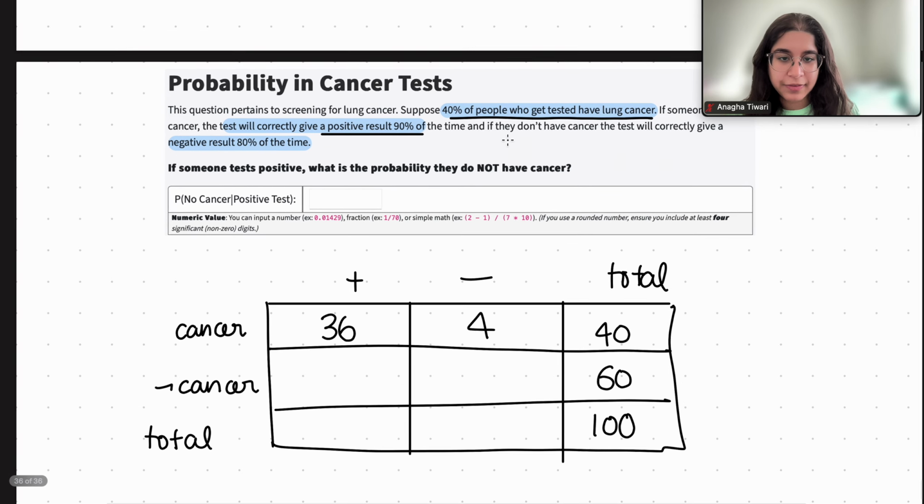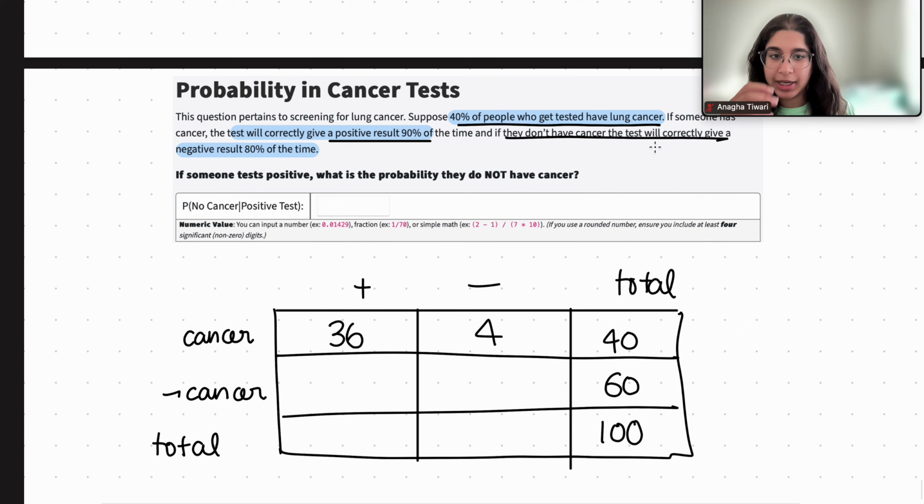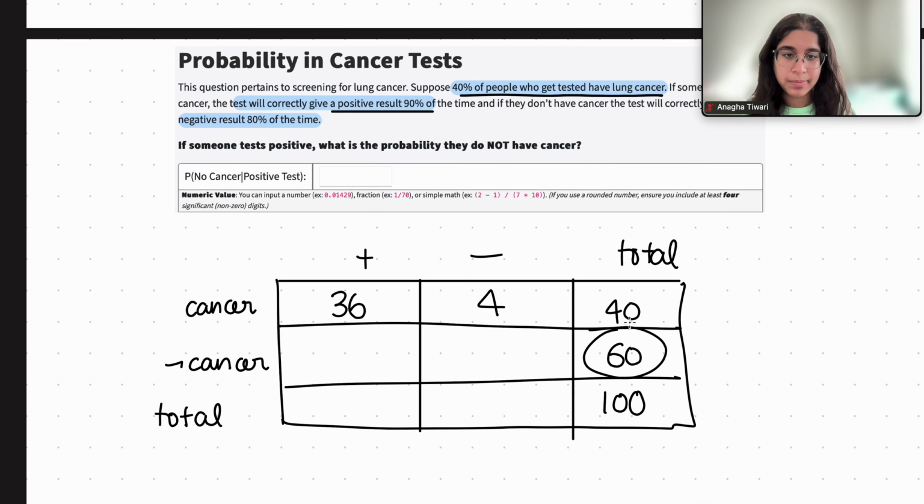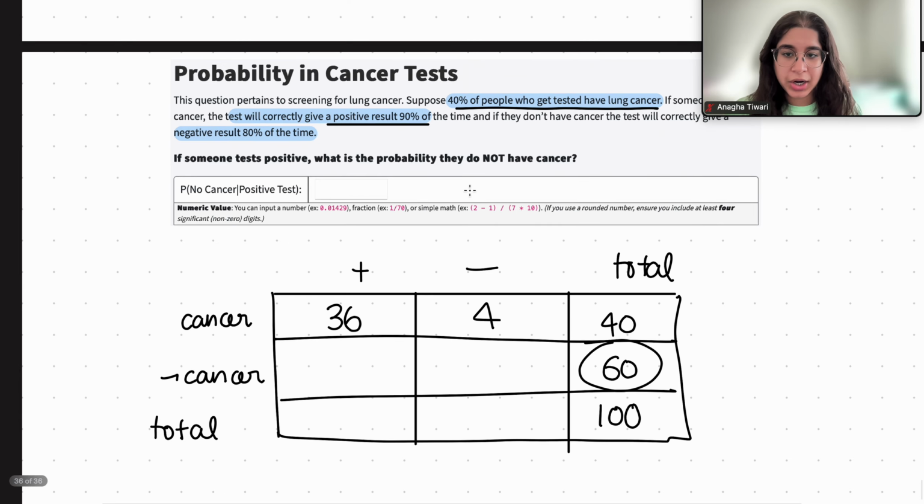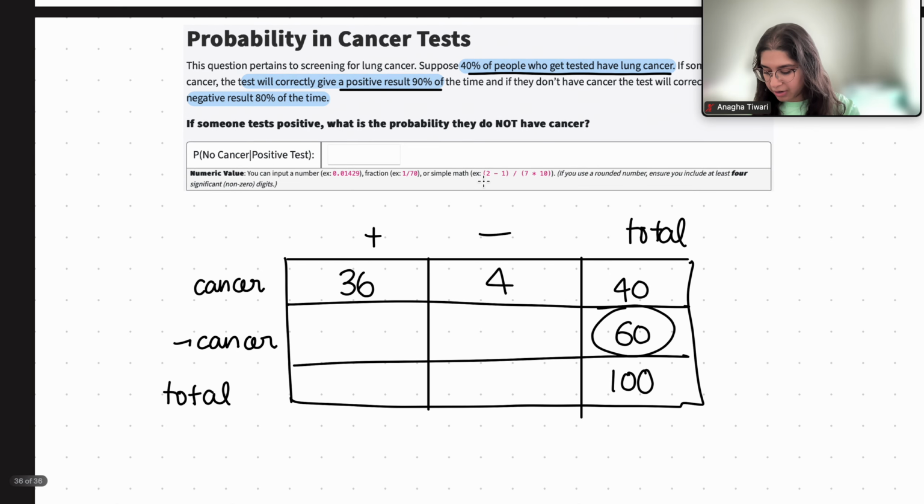And if they don't have cancer, the probability of a true negative is 80% of the time, right? So out of the 60 people who do not have cancer, 80% of them will correctly get a negative test result. So 80% of 60 is just going to be 48.